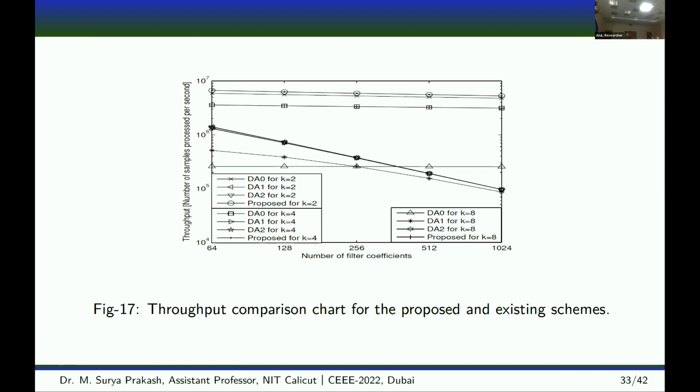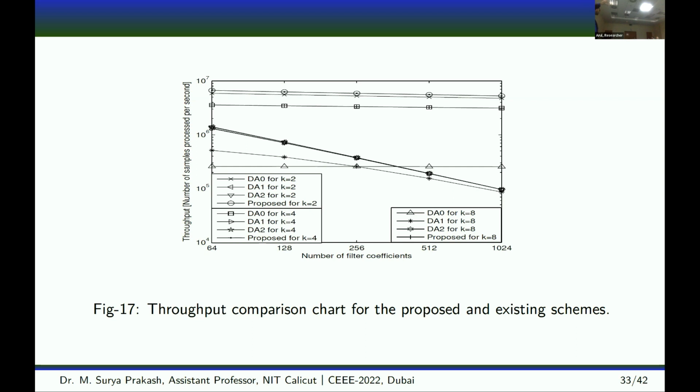So the conclusion that we can derive from this figure is that all these horizontal lines are staying above these inclined lines, which means that our proposed system has a better throughput. They are remaining horizontal for the entire duration of the x-axis parameter, which simply shows that the throughput is almost constant with respect to filter order.